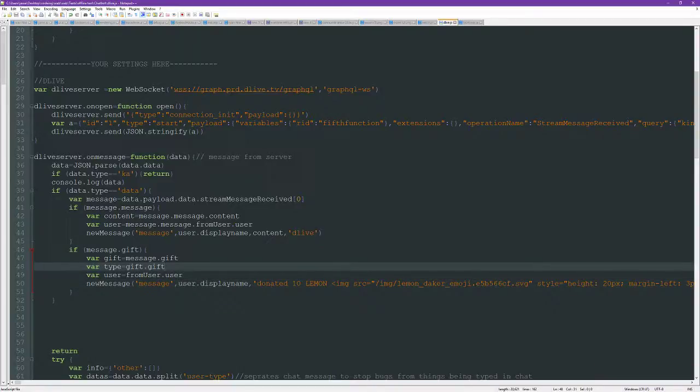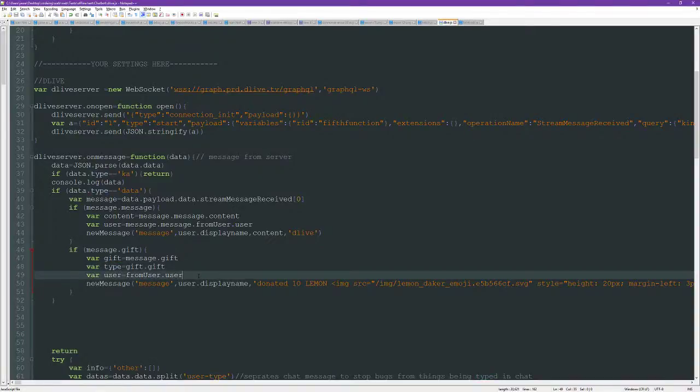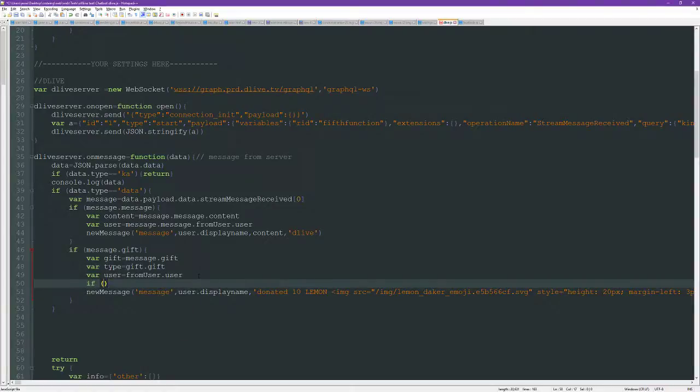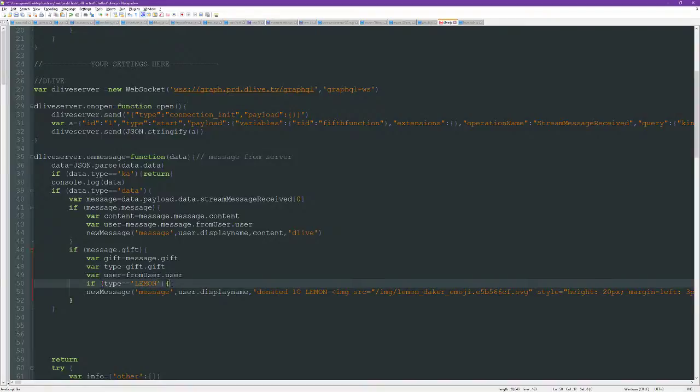Hang on, what donation type? So the gift was a lemon. What? Not the word. If gift is lemon.